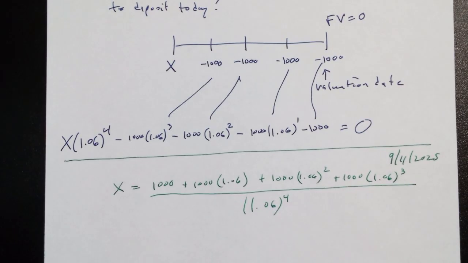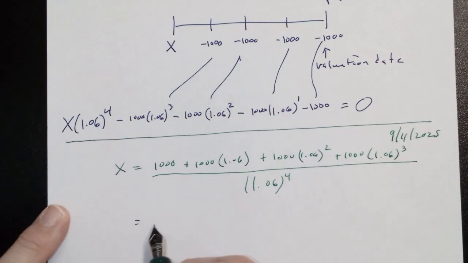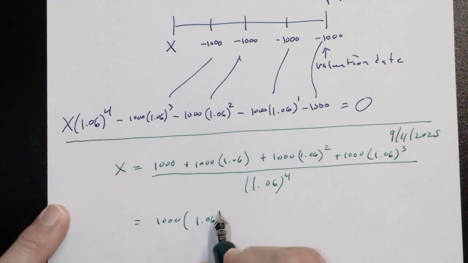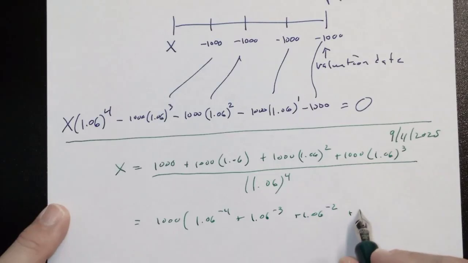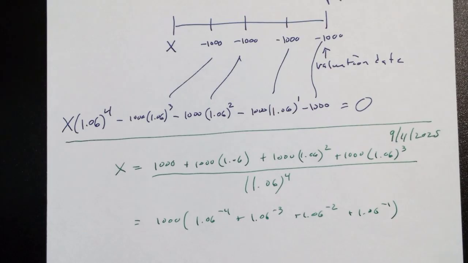And when I reconcile the exponents, I end up with a sequence of negatives. Did you actually get a value for this?